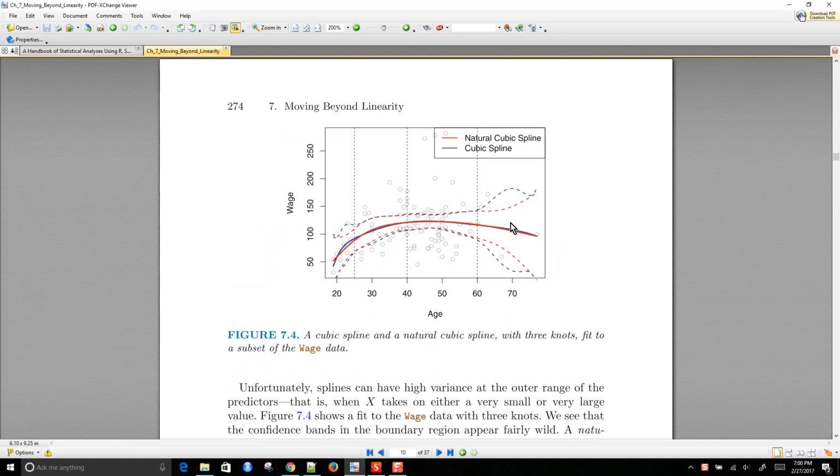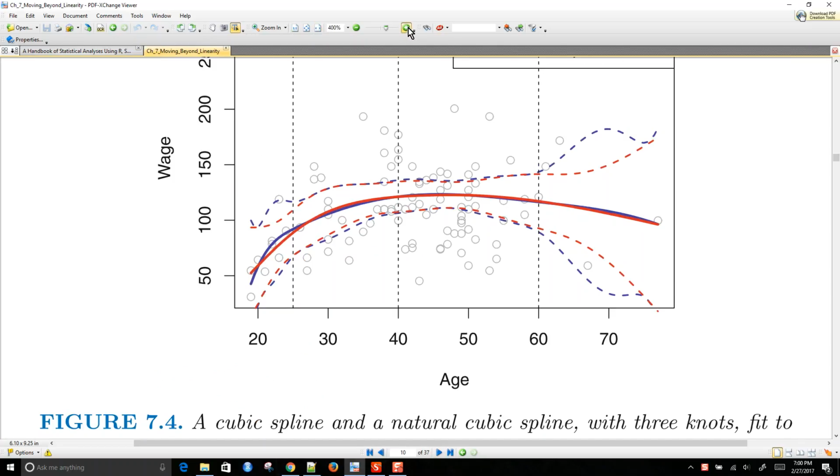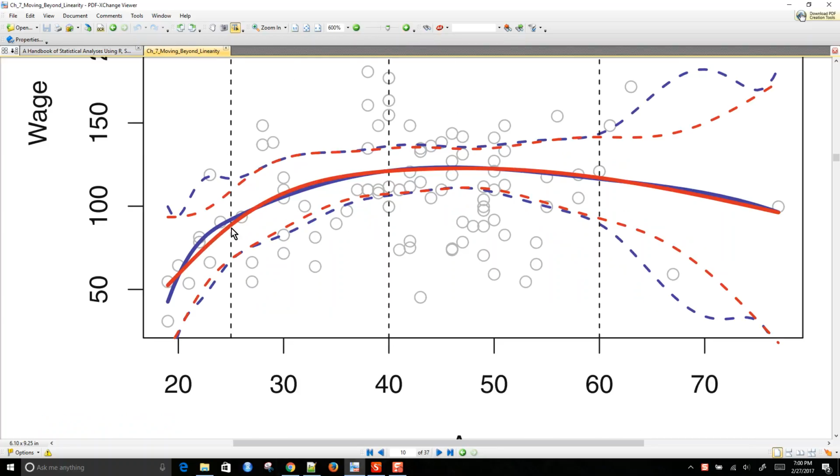This part basically says this part has to be linear and not a cubic. And over here at the boundary spot, it's got to be linear and not cubic. So it reduces the variation that can happen at the end, because otherwise you can have these things that shoot off.